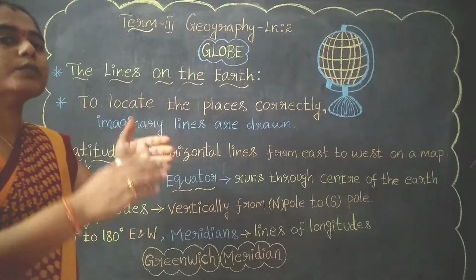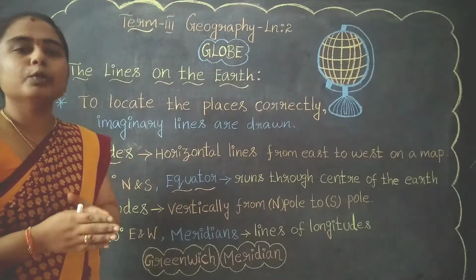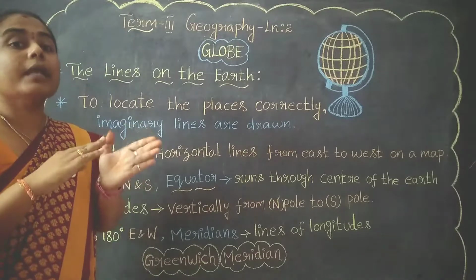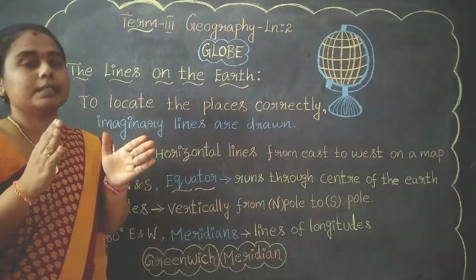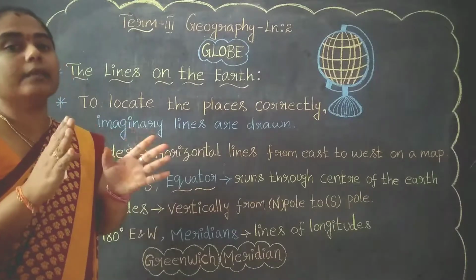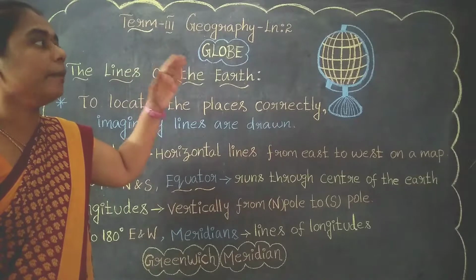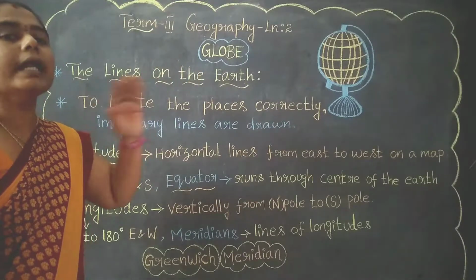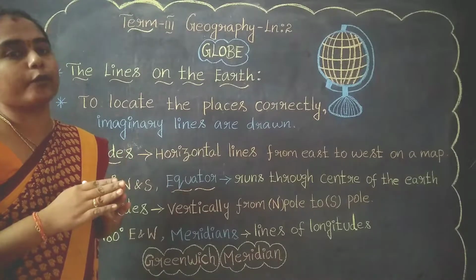First, for what reason did they create the globe? Can we see the world, the earth as a whole, without any other help? No, we cannot see. With the help of the globe, we can see the actual shape of the earth.